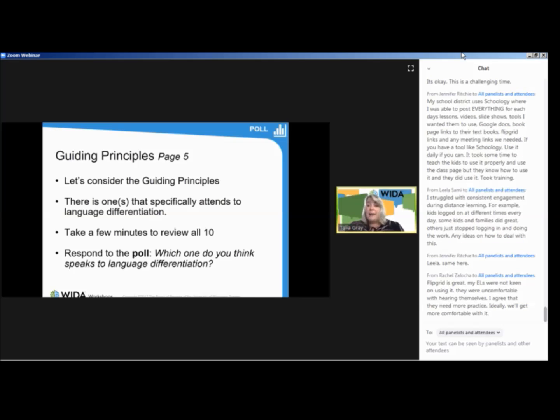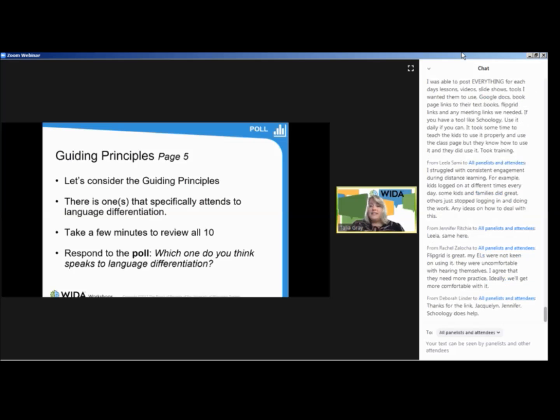So I want you to take a moment and read all 10 of these. I'll put a slide up that has them if you are having trouble with the packet. Take a few minutes to review all 10, and then I want you to respond to the poll. Which one do you think speaks directly to language differentiation?